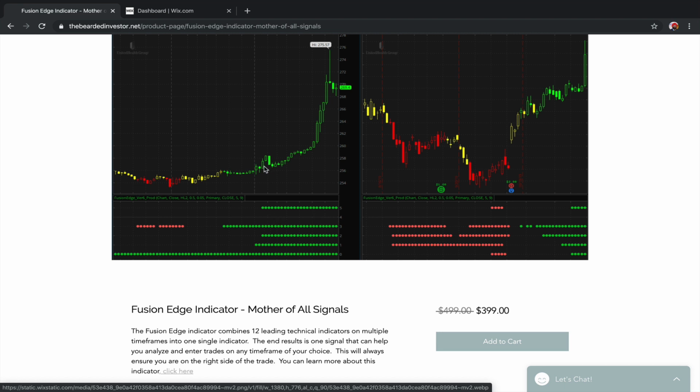So you can take a trade and stay in it as long as the color stays green. There are three colors for the color coded bars: when it is yellow, it's neutral; when it is red, it's bearish; and green is bullish. It's as simple as that.